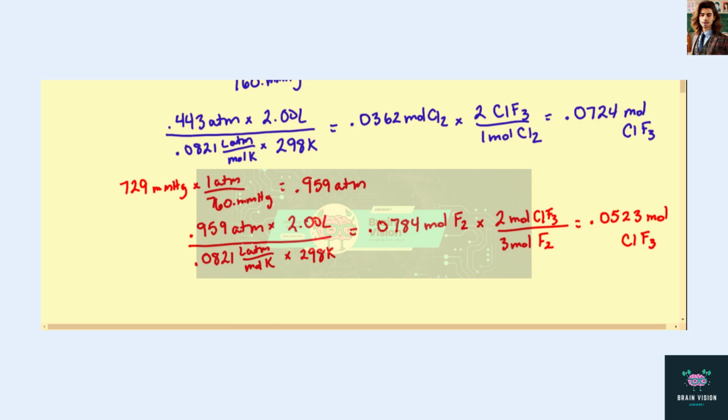If the Cl2 was the limiting reagent, I could make 0.0724 moles of product. But I can't make 0.0724 moles of the ClF3 because over here I can only make 0.0523 moles of it because I'm running out of the fluorine gas. This number is smaller, which means my F2 is my limiting reagent.